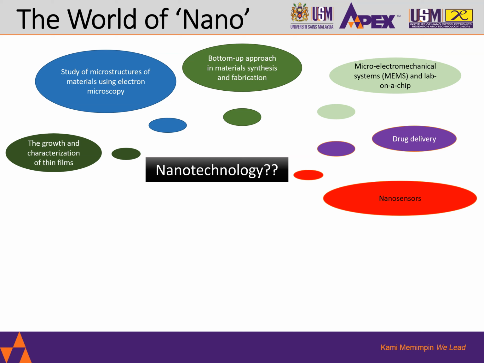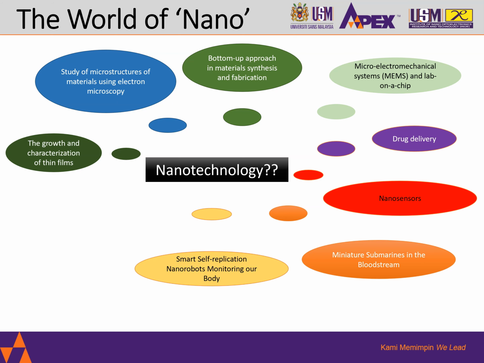Nanosensors, some people work in nanosensors. And more futuristic and science fiction-like opinions are that nanotechnology means something very ambitious, such as a miniaturized submarine in the bloodstream, smart self-replicating nanorobots monitoring our body, and the concept of space exploration such as a space elevator using carbon nanotubes.